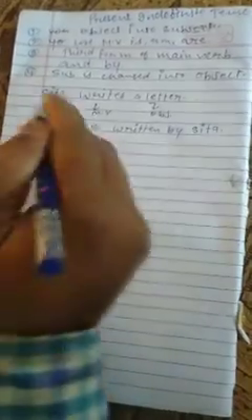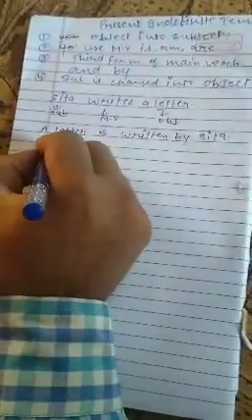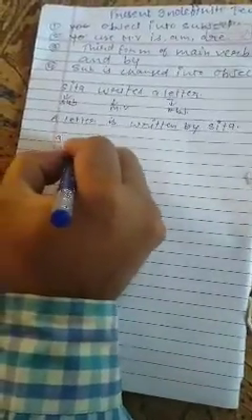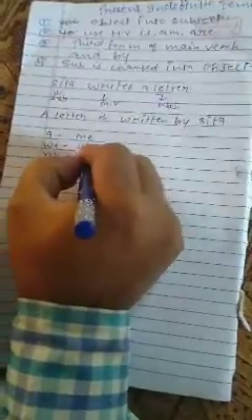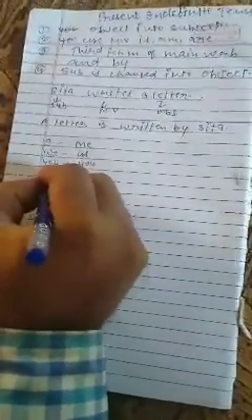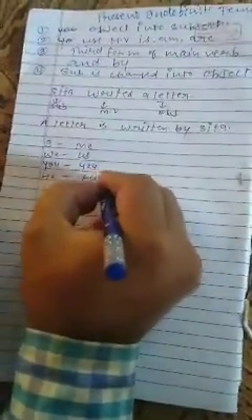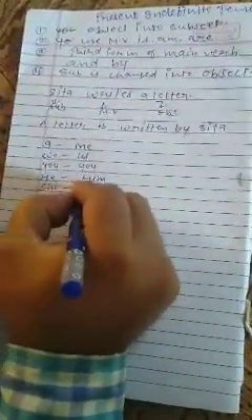You have to know that there are some pronouns which are changed into object. For example, I is changed into me. We is changed into us. You is changed into you. He is changed into him. She is changed into her.